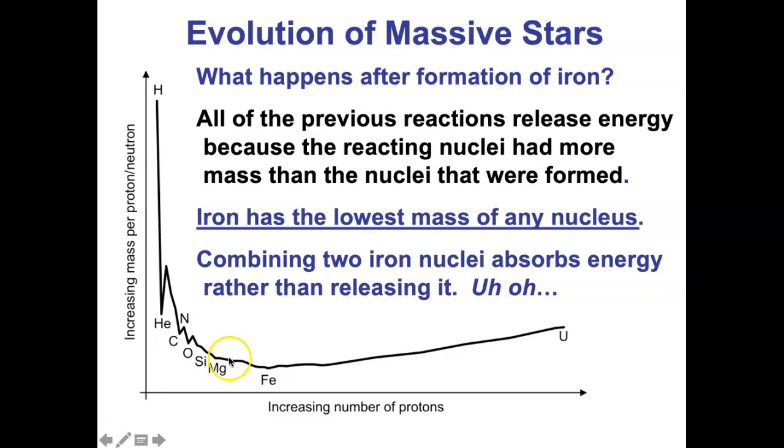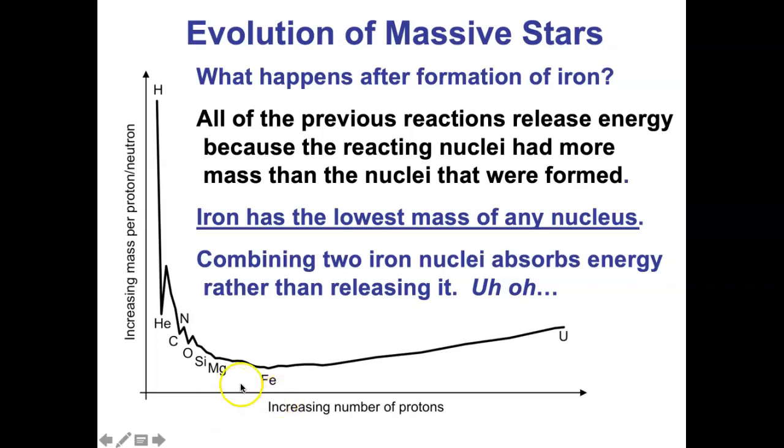You can't take the energy down even farther because after you pass iron, the mass actually goes up. If you take iron and fuse it into something even heavier, you actually have to create new mass. You've increased the mass. How do you increase the mass? By using up energy.